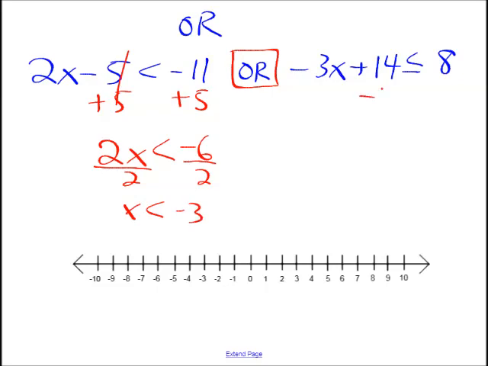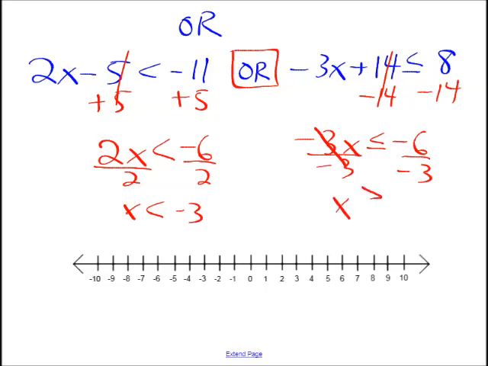Over here, we solve this inequality respectively. So we subtract 14 from both sides. So we have negative 3x is less than or equal to negative 6. We'll divide both sides by negative 3. So x is greater than or equal to, because we have to flip the sign when we divide by a negative number, positive 2.